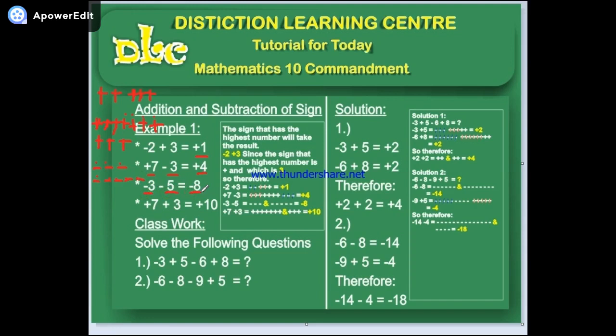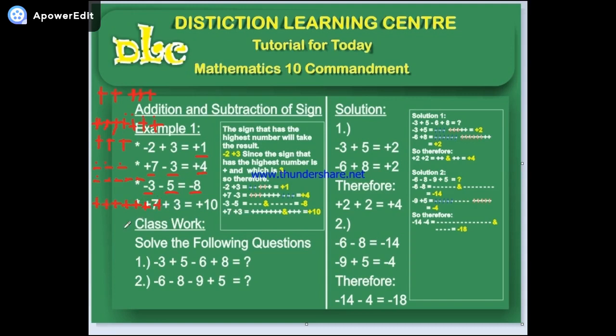Wow. Now the next example is plus 7 and plus 3. So that means you are going to draw 7 plus: 1, 2, 3, 4, 5, 6, 7. And the next one is plus 3.